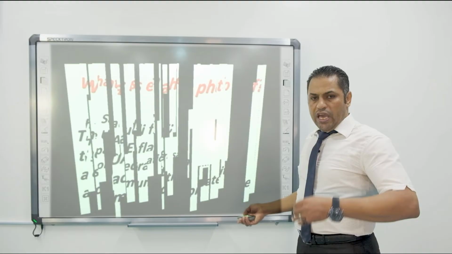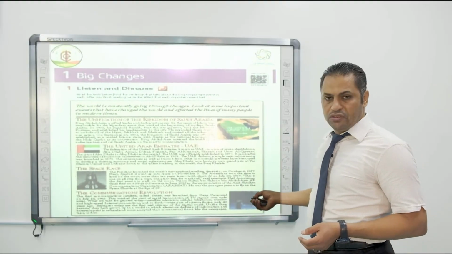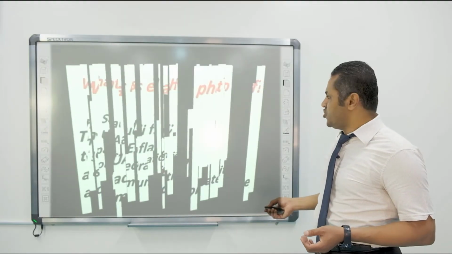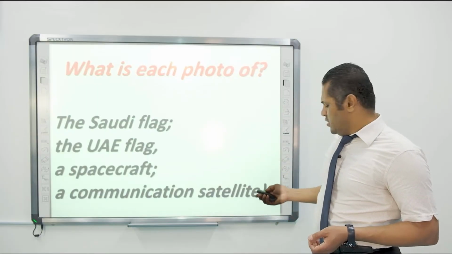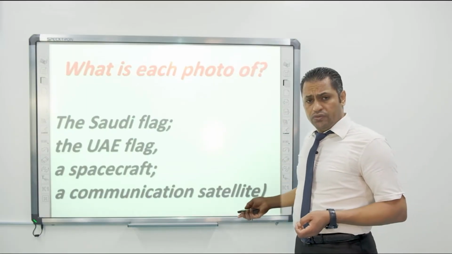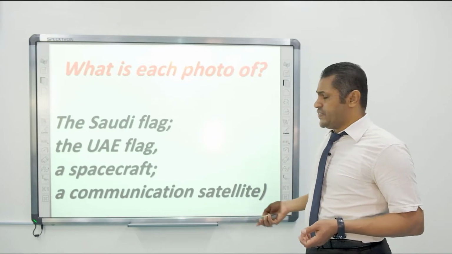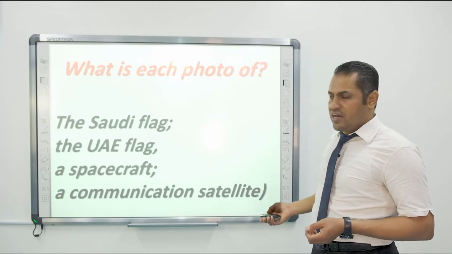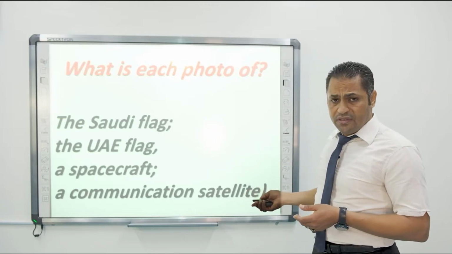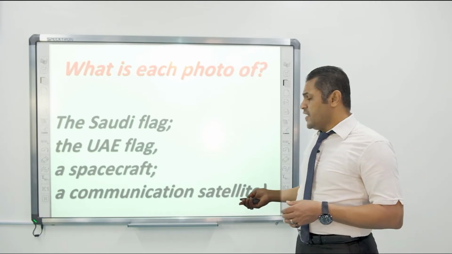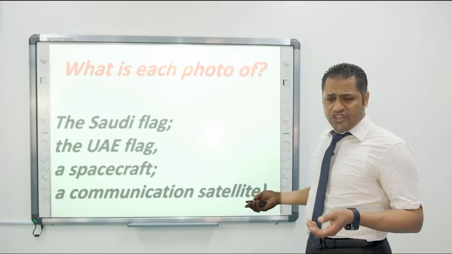Now, if you have this page, then answer this question. What's each photo of? Photo A is the Saudi flag. The other one is the UAE flag. The next one expresses a spacecraft.